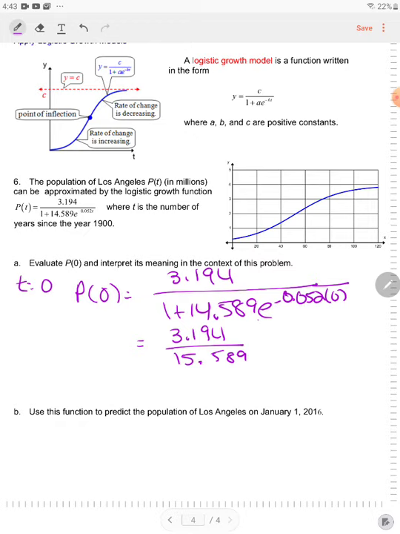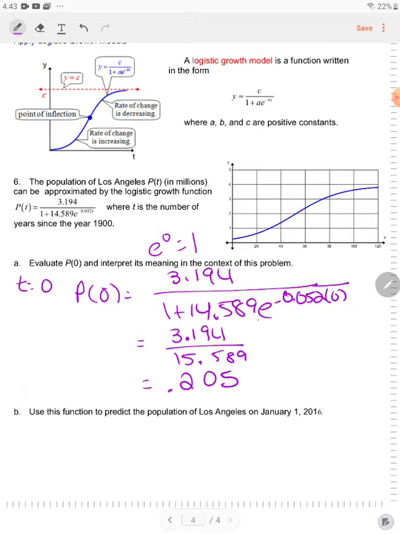Notice that doesn't go away and just become a 1. So watch the math there, because what we remember is e to the 0 is 1. That's what we're using. Any number to the 0 power, except 0, is 1. So 3.194 divided by 15.589 is 0.205 approximately.